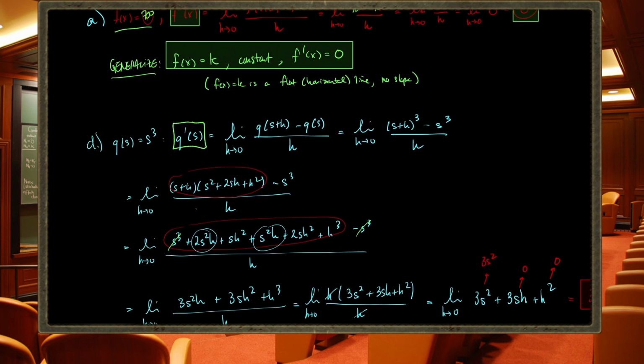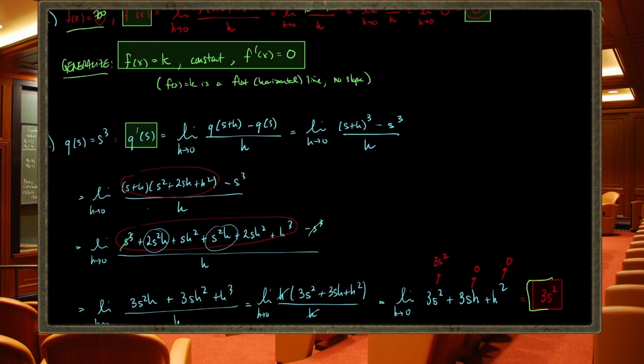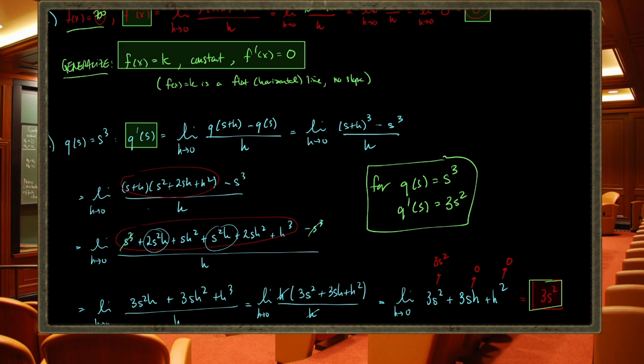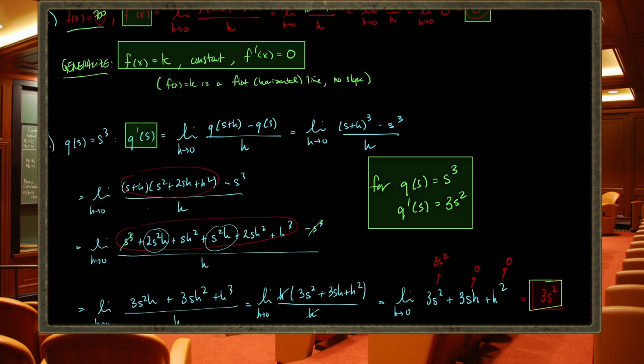We see that q prime of s is equal to 3s squared. So what that tells us is that for q of s equals s cubed, its speedometer is 3s squared. Okay, it's another one to jot down.